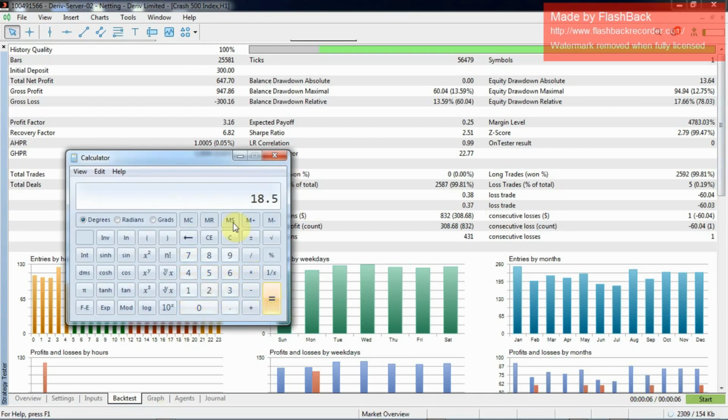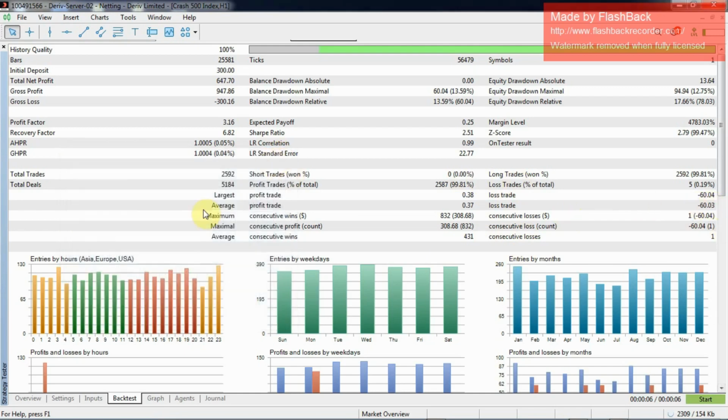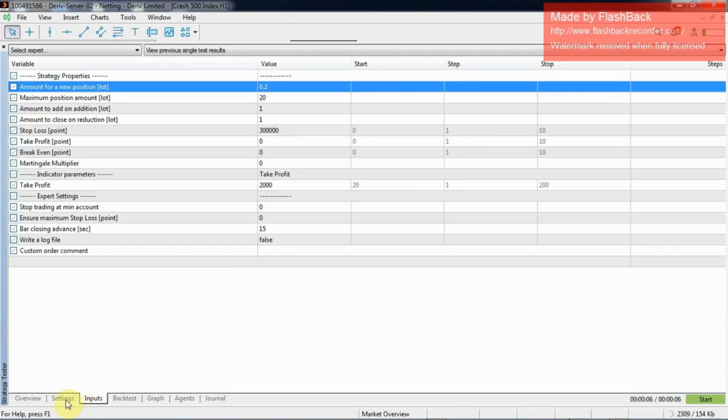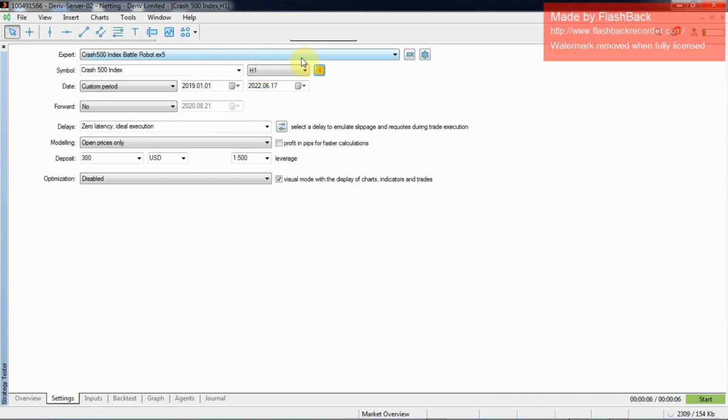So that's $18 in a month on this robot. But then you won't be trading this robot alone. So we'll test other robots as well, so that you can see the risk and all that.